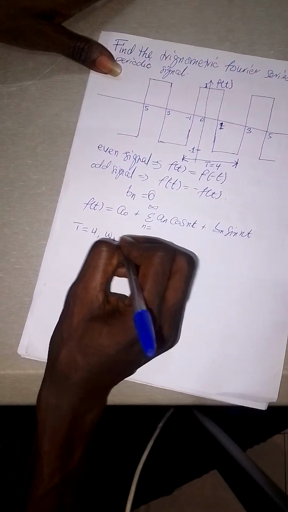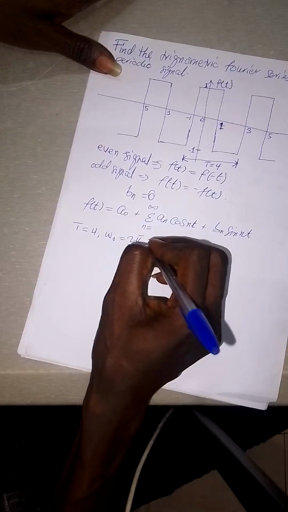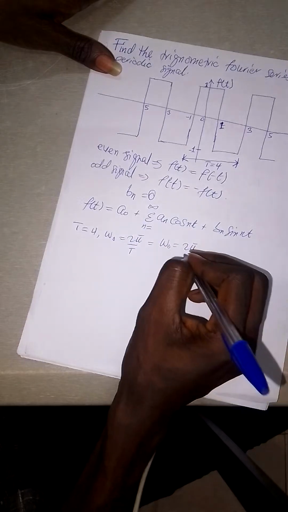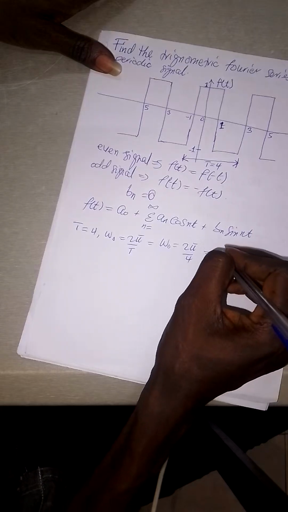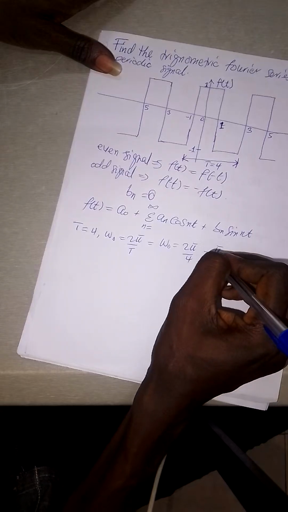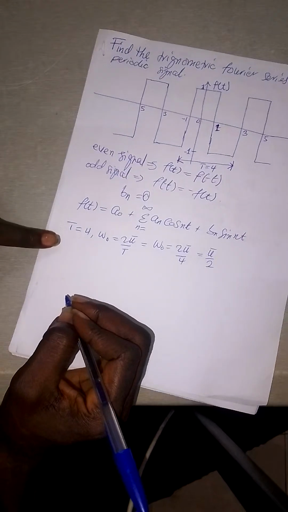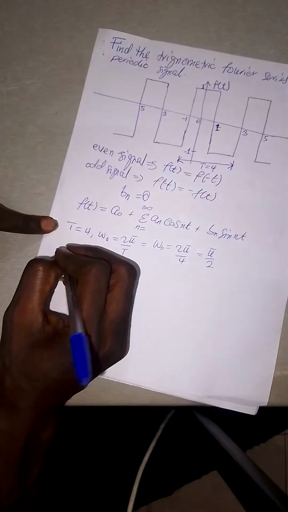Now if T is equal to 4, I know that omega naught is equal to 2 pi over T. That means omega naught is equal to 2 pi over 4, which is pi on 2. Knowing this, we can now find our a naught.